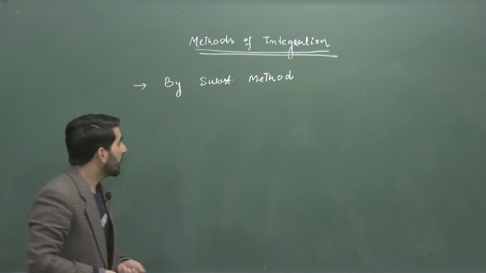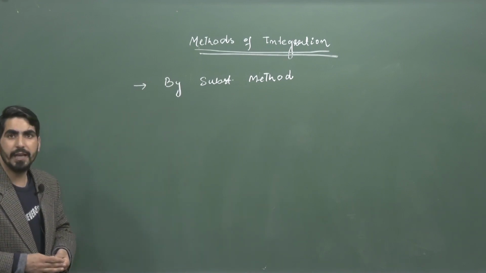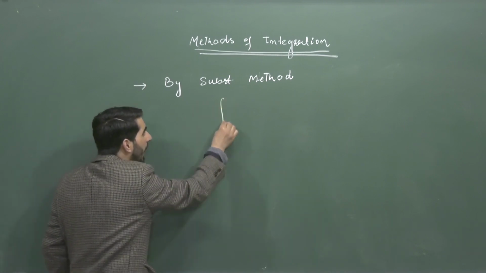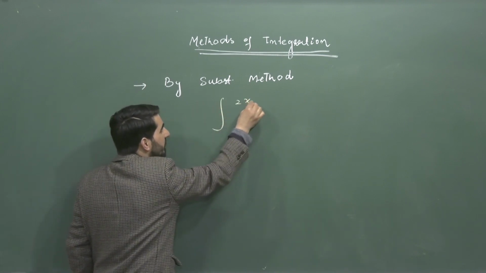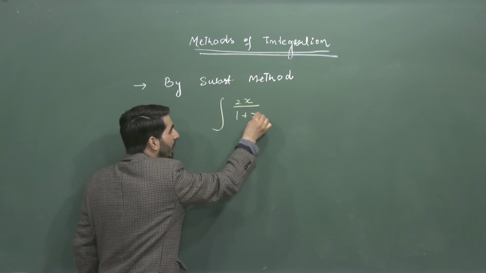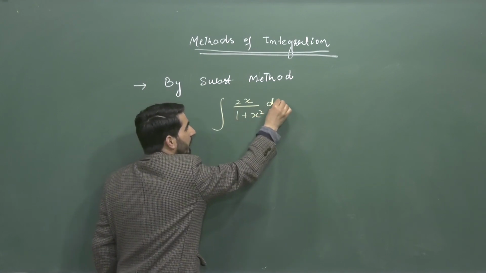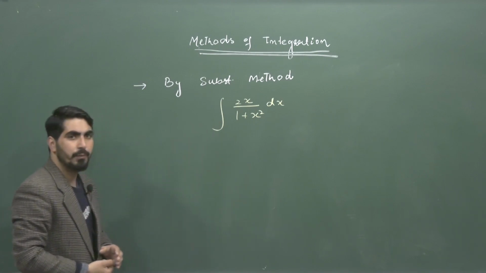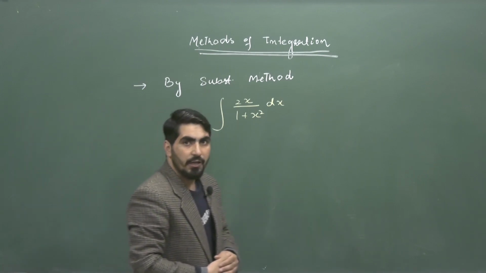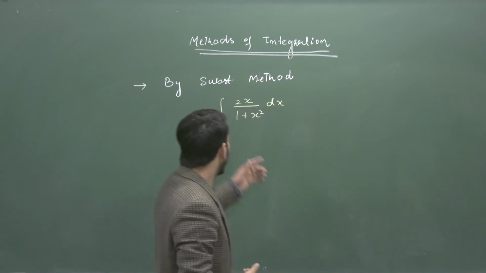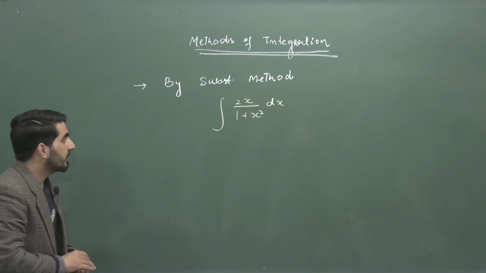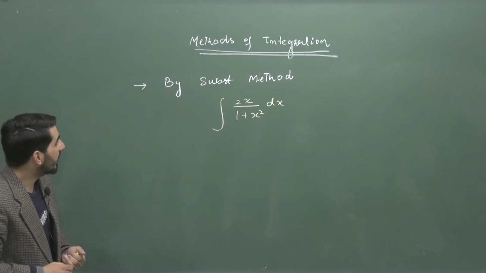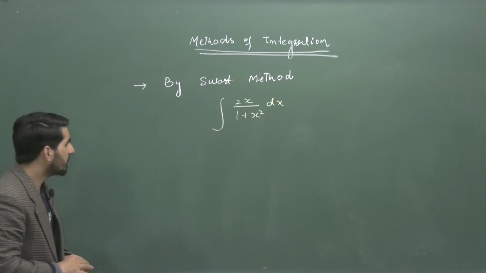I will explain this method using a simple example: if we have to integrate 2x divided by 1 plus x square. Here, as we know, 2x divided by 1 plus x square is not directly the derivative of any function. Thus we will apply the substitution method.